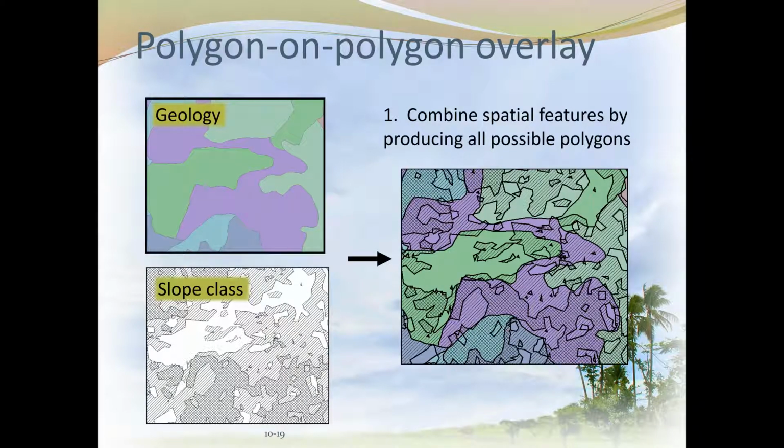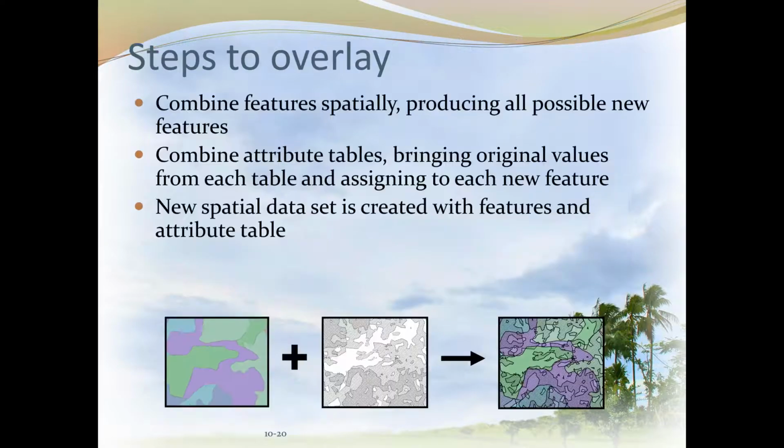So the polygon on polygon overlay. It combines spatial features by producing all possible polygons. So we have geology and slope classes that we combine. The step to overlay is we put them together. It combines features spatially, producing all possible new features, and combines attribute tables, bringing original values from each table and assigning them to each new feature.